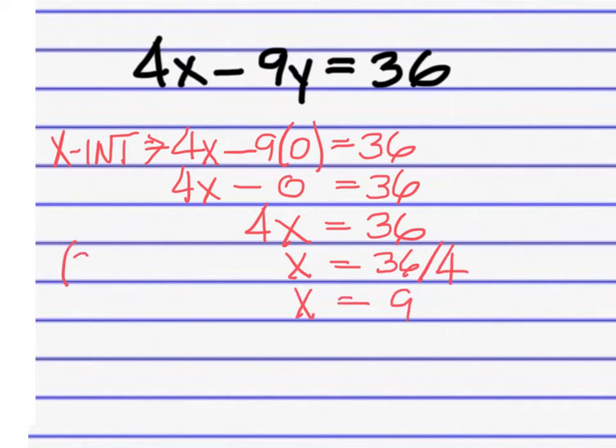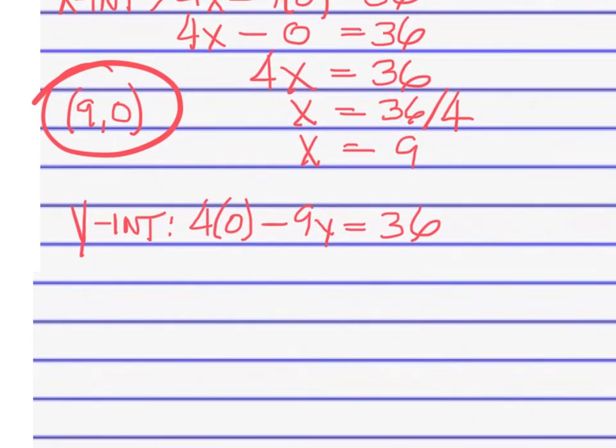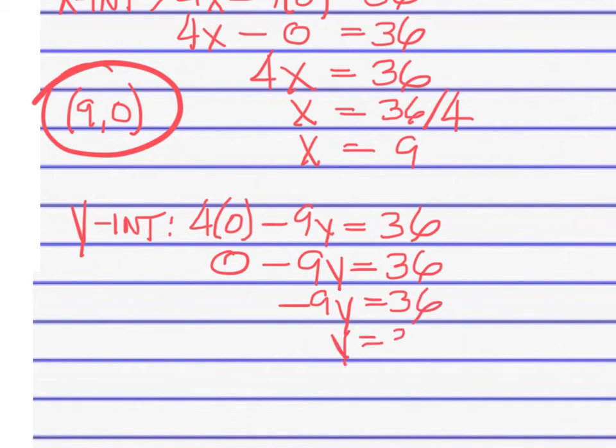So that means our x-intercept is 9, 0. And for the y-intercept, we're going to put a 0 in for x. 4 times 0 is 0. And 0 minus 9y is a negative 9y. Divide the 36 by negative 9 and come up with a negative 4. So the y-intercept is 0, negative 4.